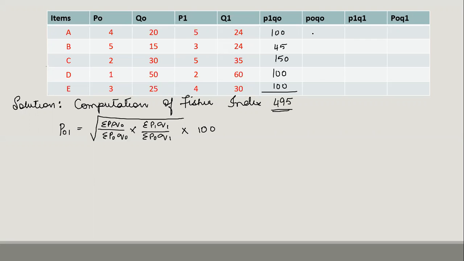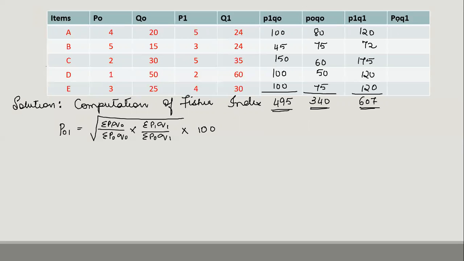Summation P0 Q0 is 80, 75, 60, 50 and 75, and the total of this will be 340. P1 Q1 will be 120, 72, 175, 120 and 120, and the total of this will be 607.